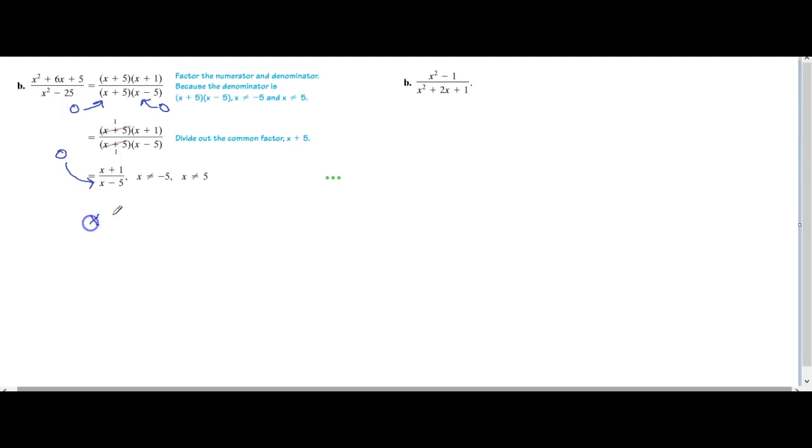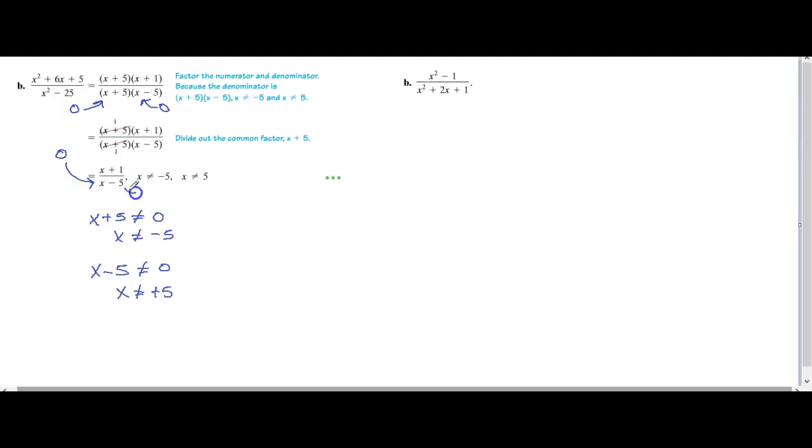So what that means is x plus 5 cannot equal 0, or else the denominator is going to be 0, and x minus 5 also can't equal 0, or it's going to cause the denominator to be 0. So that means x can't equal negative 5 for this one, and x cannot equal positive 5, or it's going to cause the denominator to be 0.